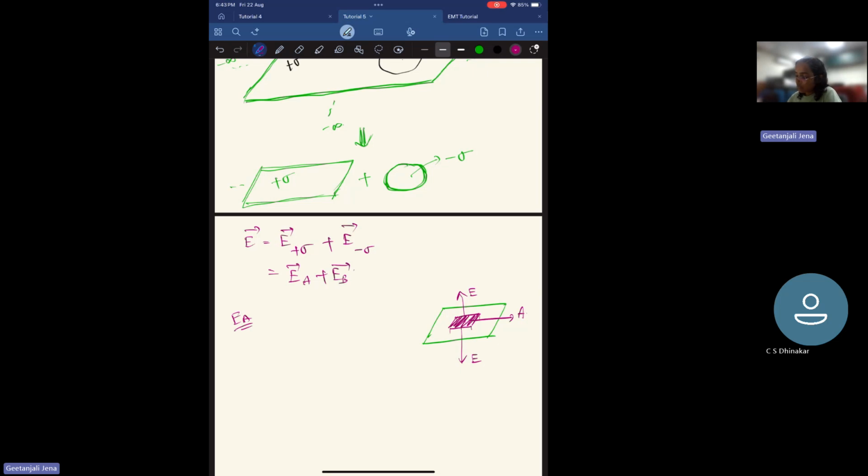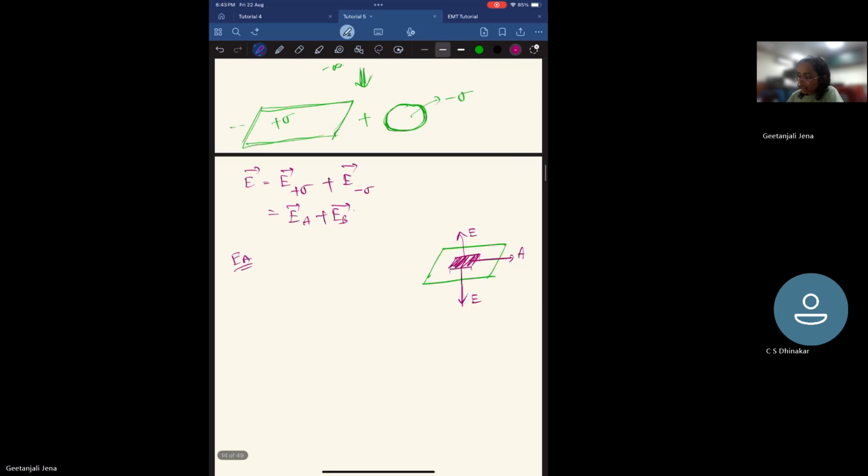So by Gauss law, E dot dS is Q enclosed by epsilon naught. E and A are in the same direction, so you can take out the electric field, and dS will be 2A, one from the upper side and one from the bottom side.